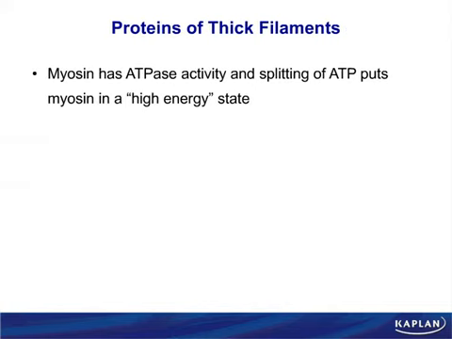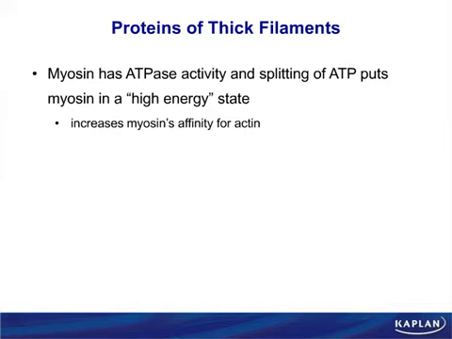Myosin has an ATPase, and the splitting of ATP puts myosin into a very high energy state. So think of it as a stored energy state. When myosin has split ATP into ADP and phosphate, this puts myosin in a very high affinity for actin. So in the resting state, myosin ATPase has split ATP into ADP and phosphate.